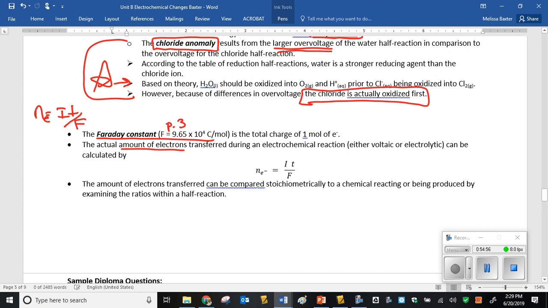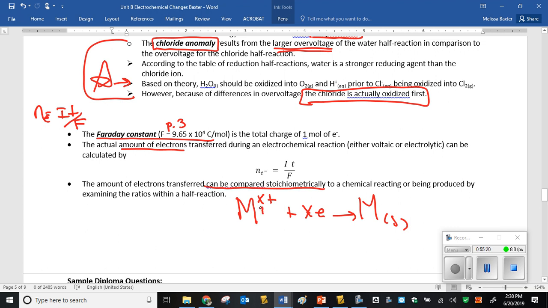So we're calculating the amount of electrons, and then we can compare that stoichiometrically to the thing that we're talking about. Very often the context is some kind of metal in its ionic state with some kind of positive charge.